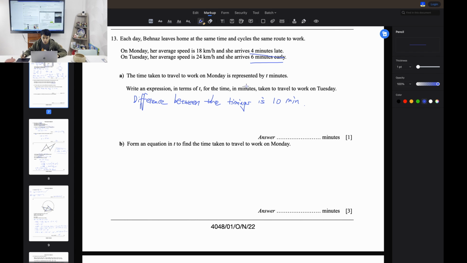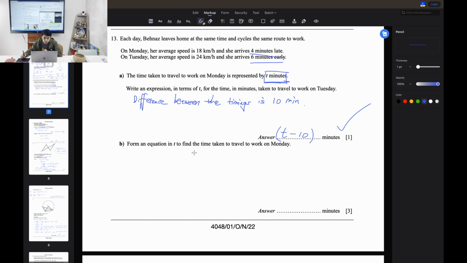And we know T is the timing for Monday, correct? So she takes 10 minutes more on Monday than the time she takes on Tuesday. That means on Tuesday, you can simply take T minus 10 minutes. This is also correct.